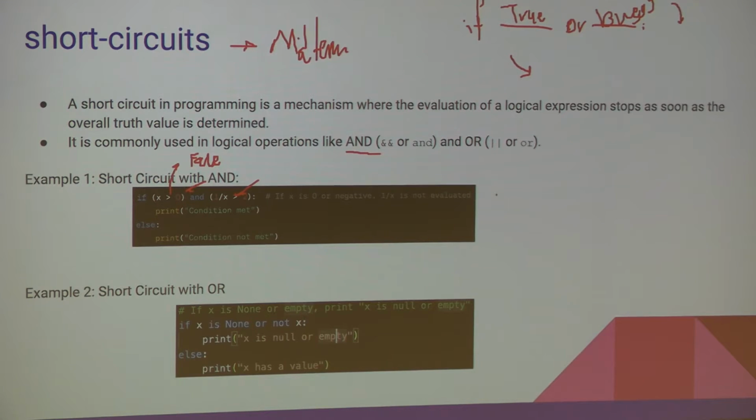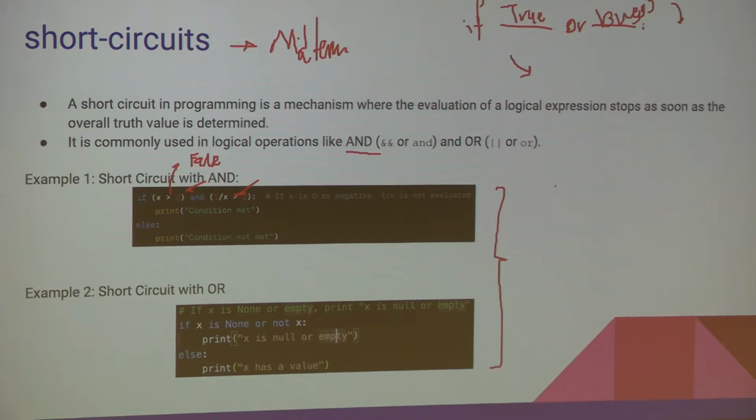And this is a key idea both for understanding your programs as well as using it for your own benefit during coding. So just to summarize, OR will evaluate to true if the first one is true, so you don't care about the second one. The moment you see one part of OR is true, you're going to be moving on and executing the block. With AND, the opposite is true.